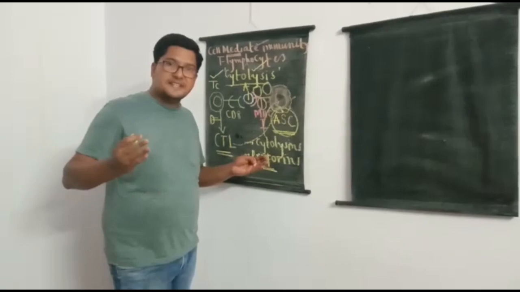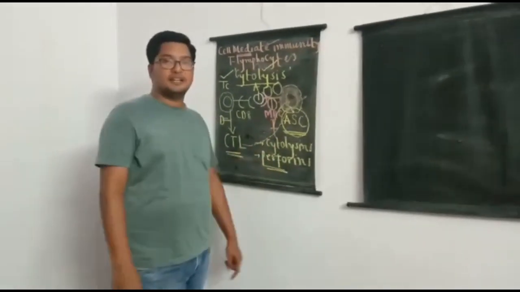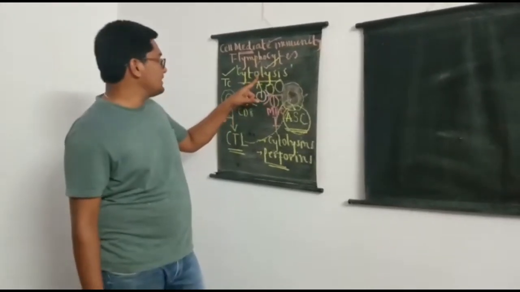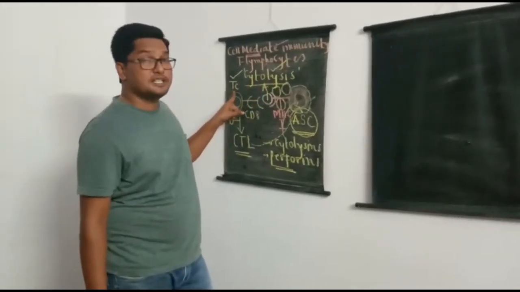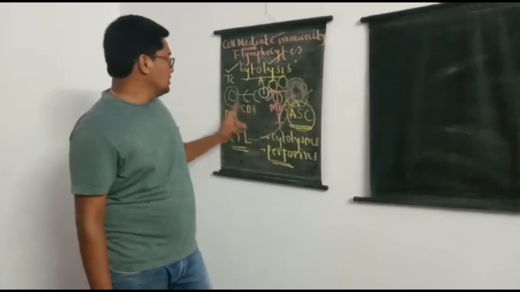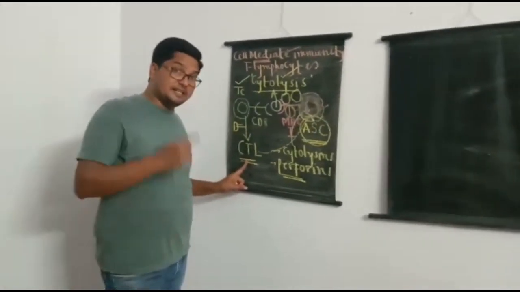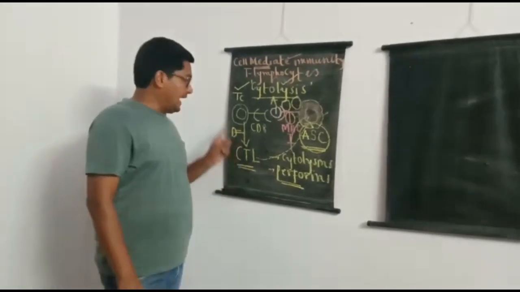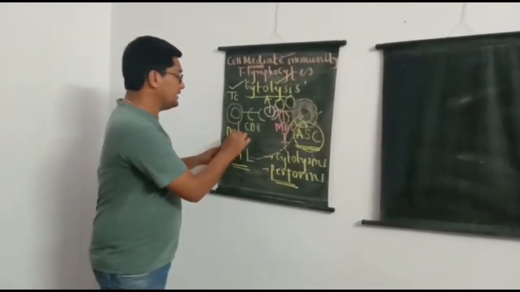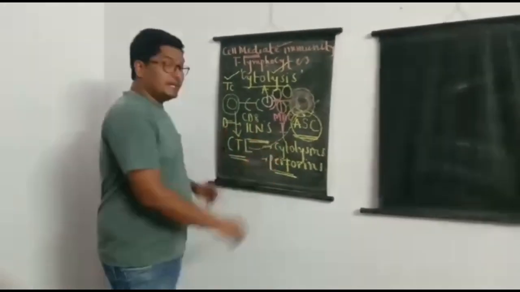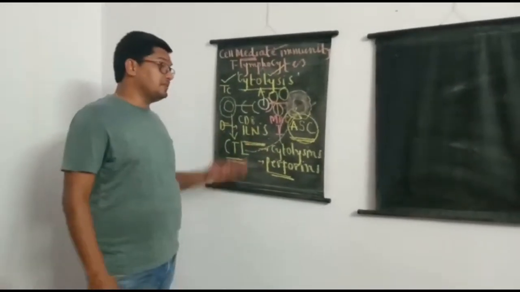Such a magnificent and wonderful mechanism we are gifted with, which is called cytolysis, and it is the function of a type of T lymphocytes called TC cells. So TC cells on differentiation transform into effector cells called CTL, and this differentiation once again requires what? Interleukins, which are produced by T helper cells.